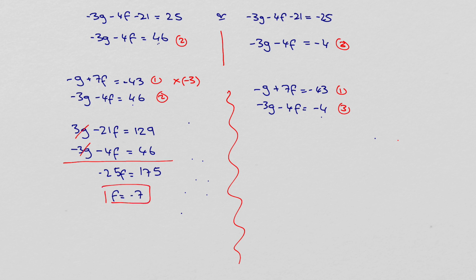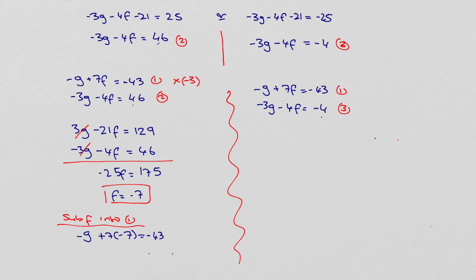So what that means then is that my centre, minus g minus f, is going to equal, I'll have to sub back in here for g. We'll sub back in for f first of all. So sub f into 1, that gives me minus g plus 7 times minus 7 equals minus 43.